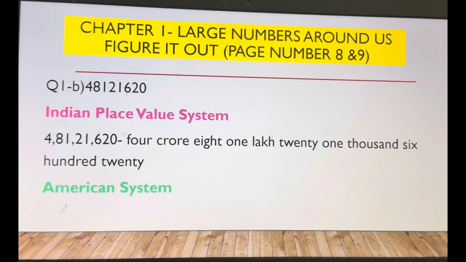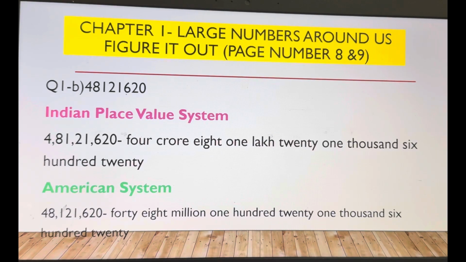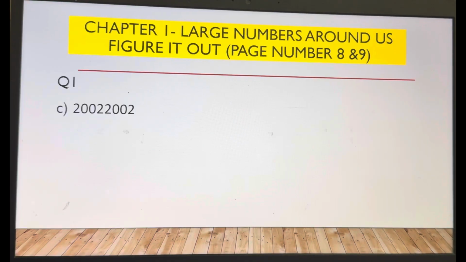Now the same number according to the American system. We have put commas 3, 3, 2. So this is the ones block, thousands block, and millions block. So 48,121,620. Correct?